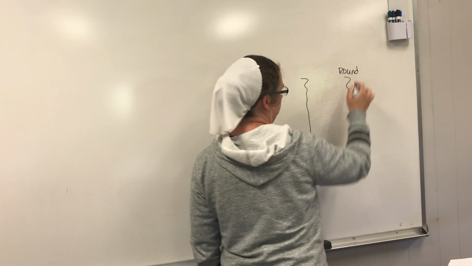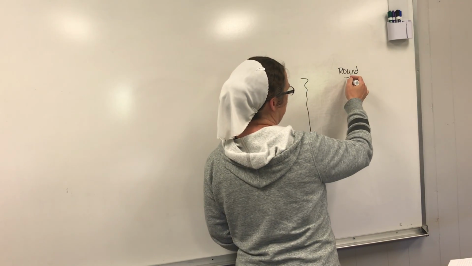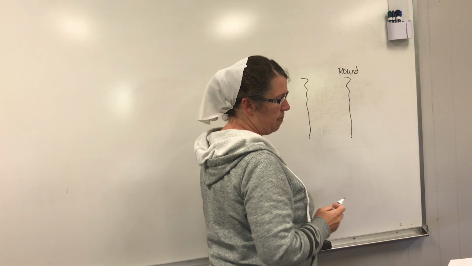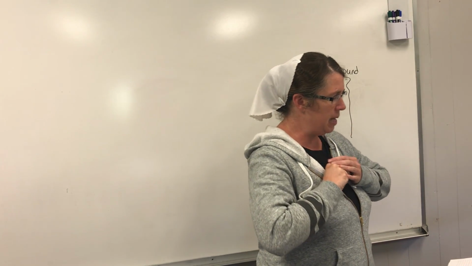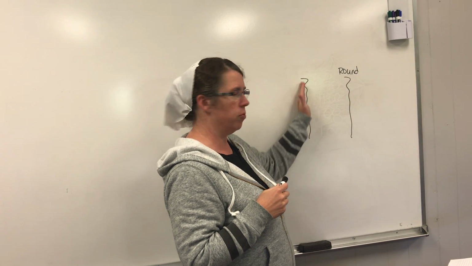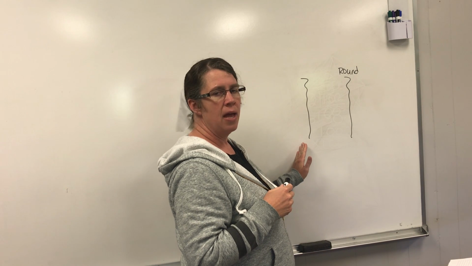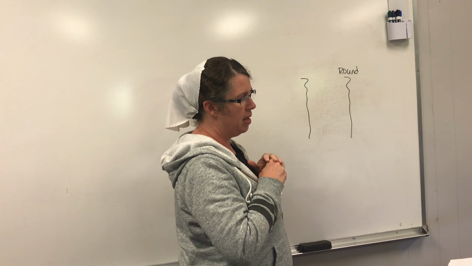It says estimate the cost of the meal, so after you've rounded everything, add that up, and that will be for your letter A. Letter B says find the actual cost of the meal. So go back to your original prices, add those up, that'll be the actual cost.